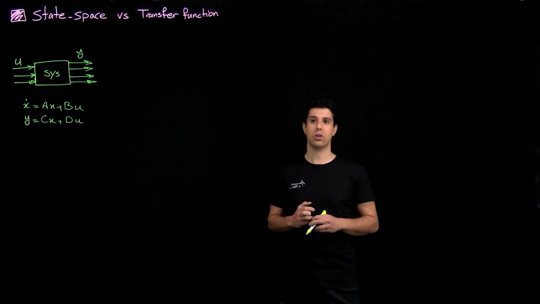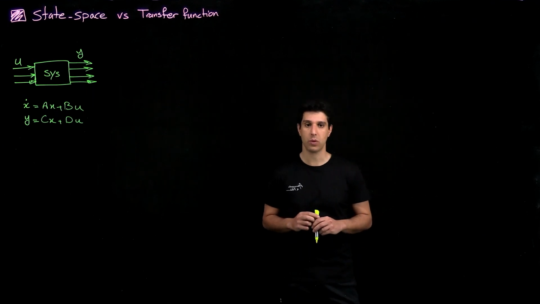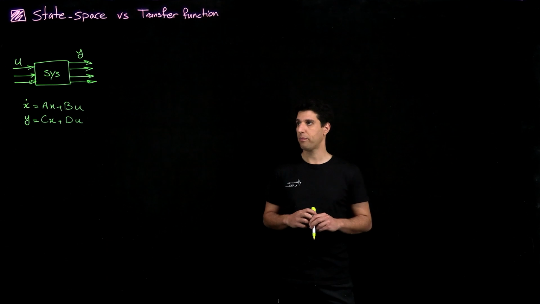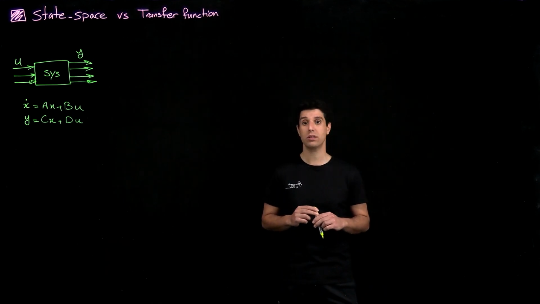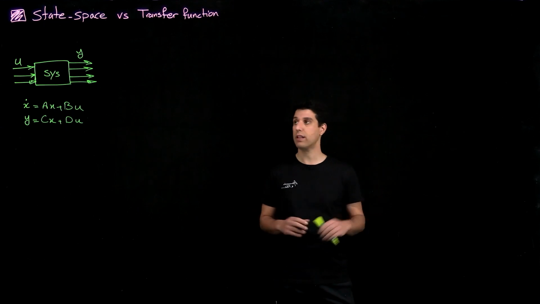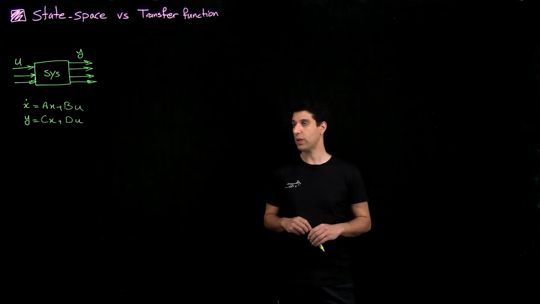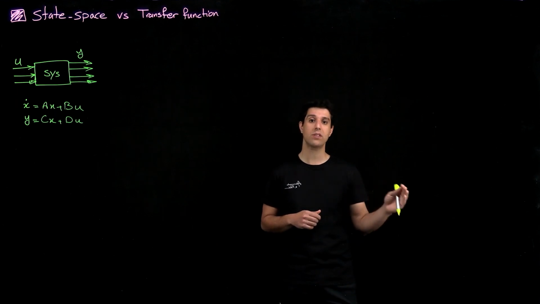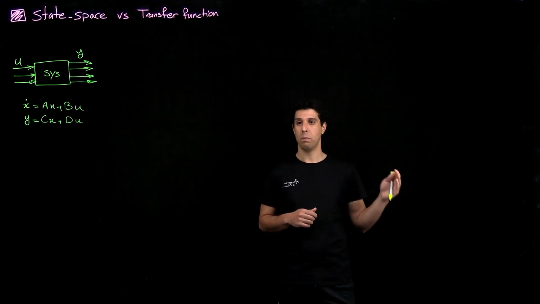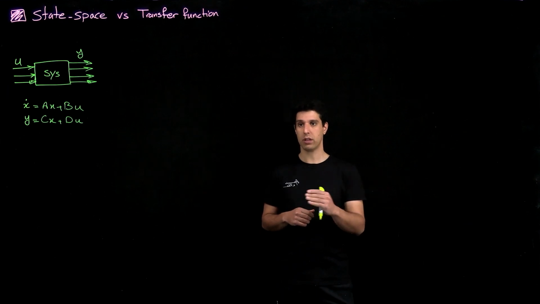It was another notation next to the transfer function that we discussed before. So the first question that maybe we should address is how we can relate the two together. That is the topic of this lecture: how we can go from a transfer function model to a state space model and vice versa.